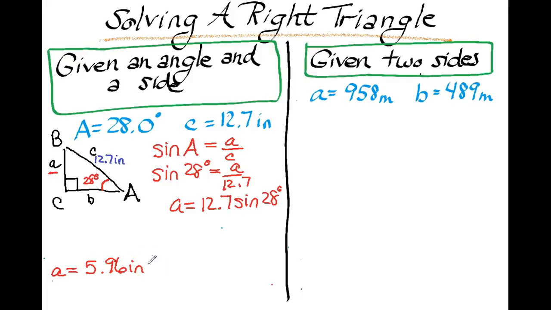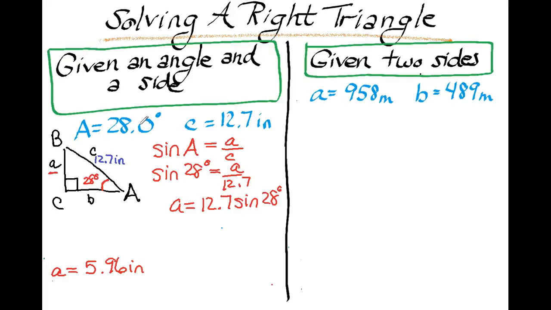The reason I chose to round to 3 significant digits is because my input, C, they gave me as 3 significant digits, and angle A, because they put in a decimal place, is considered a significant digit. All right, so I have side A solved for.